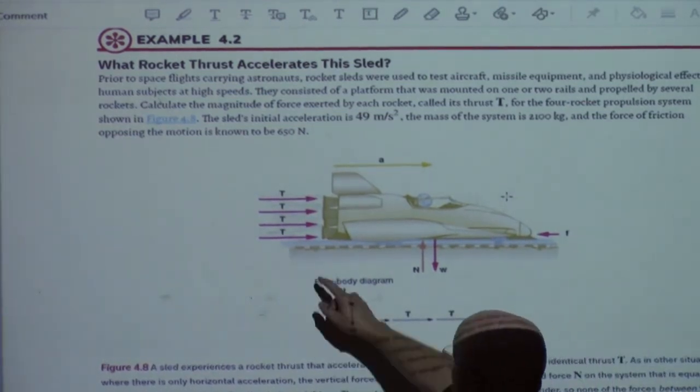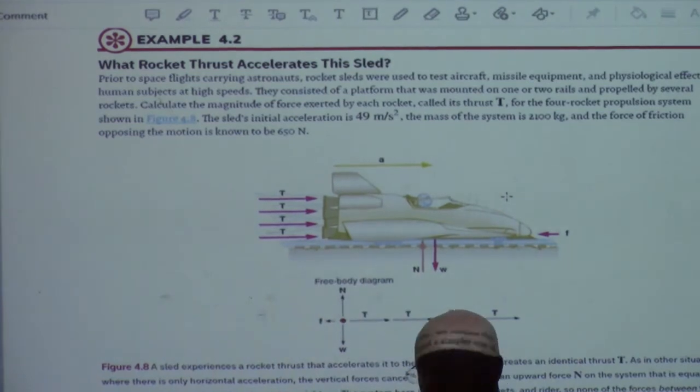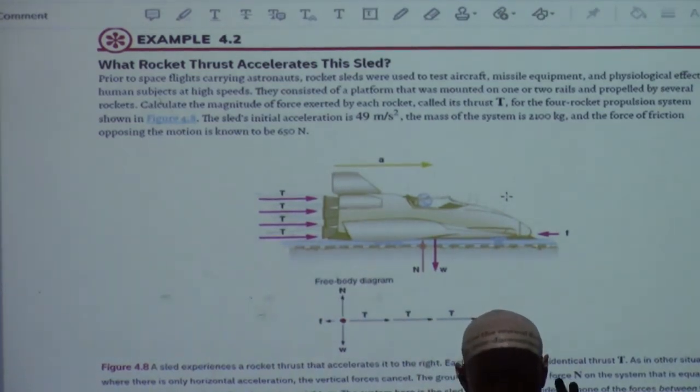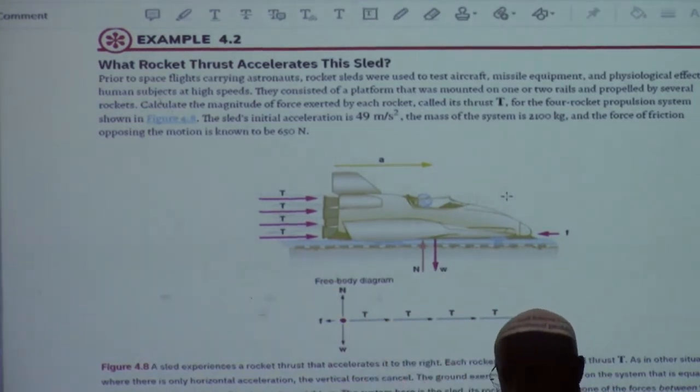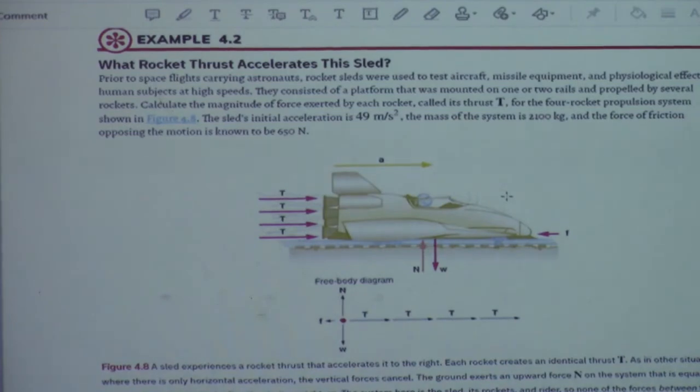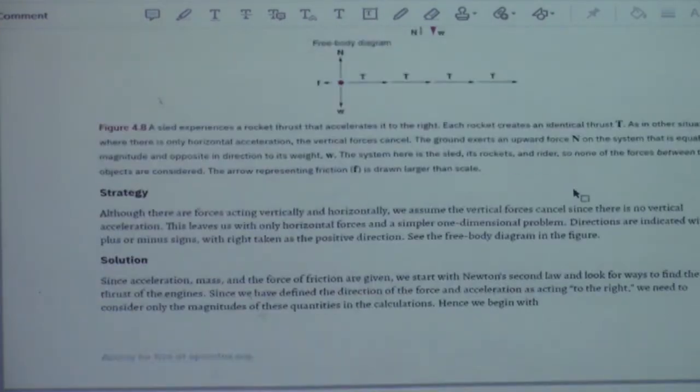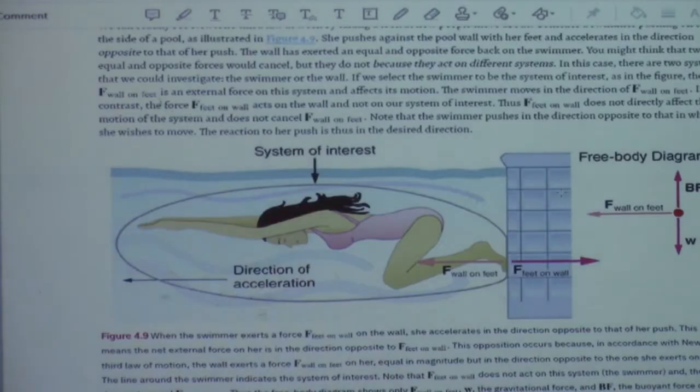And in this case, it looks like the rocket has 4 engines, so you get 4 of them. You got weight pointed down, you got normal pushing up, and you got friction. So this one's a lot the same. Let's look at another one here.